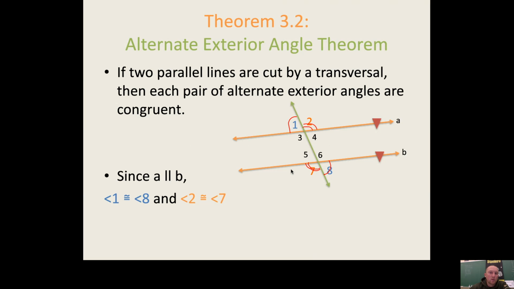They need to be congruent. That's what the theorem says. Now, you can prove this, and it's very similar to the last theorem that we proved. Okay, so we have congruent corresponding angles. We have congruent alternate interior angles. Now we have congruent alternate exterior angles.